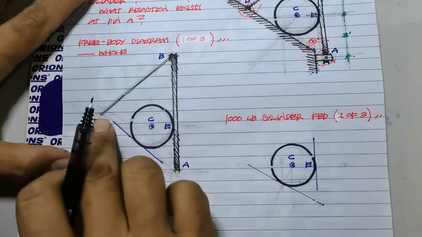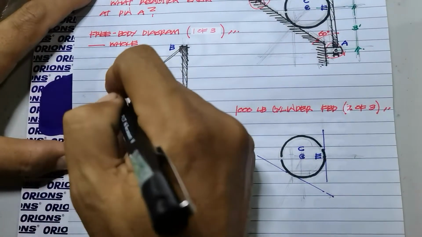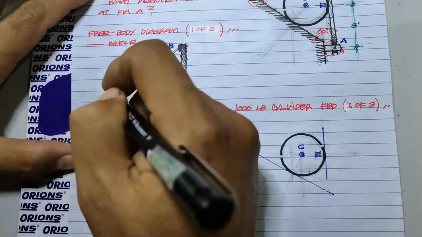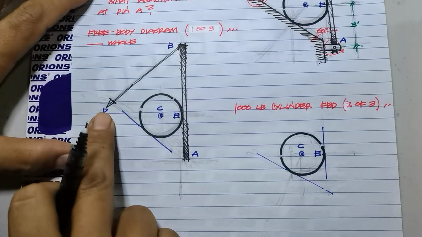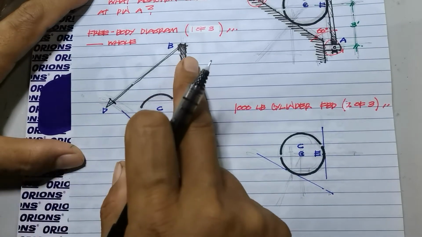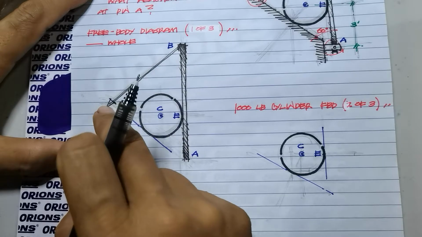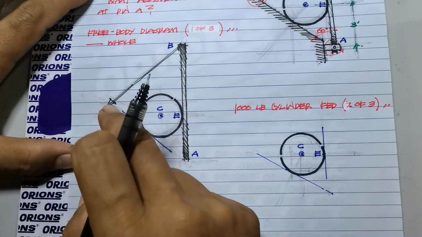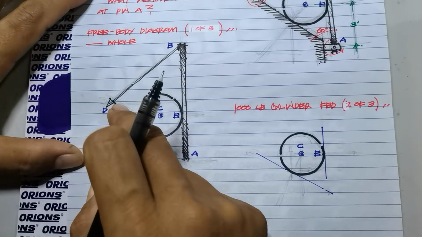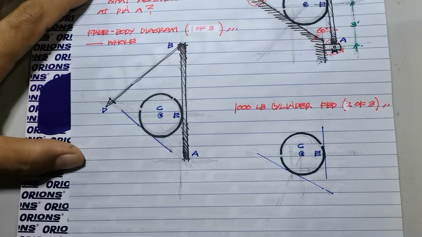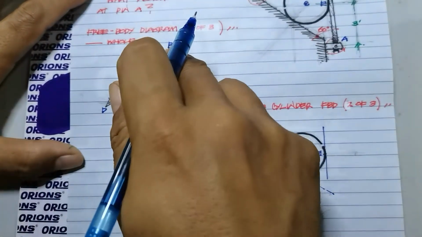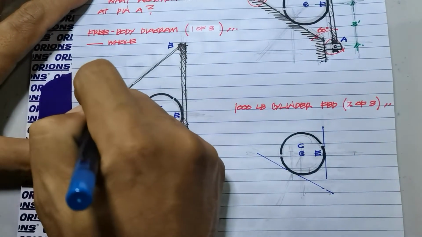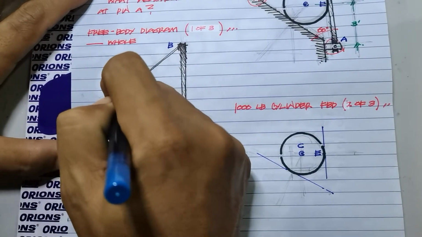Let's make it a free body diagram. The direction of the arrowhead is away from where the cable is connected, to represent that it is under the concept of tension. Since this is BD, it is labeled as TBD.